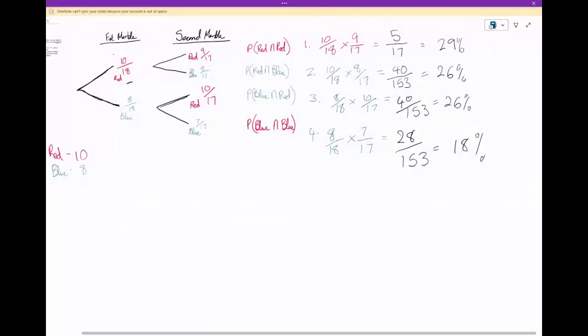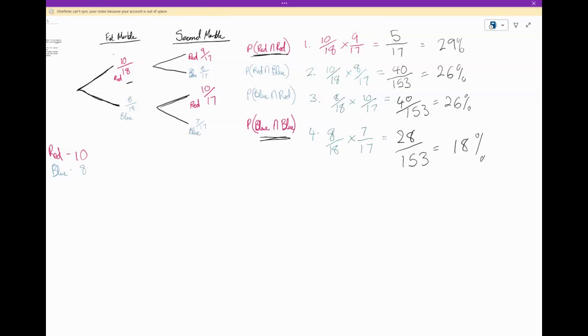Which outcomes have the same colors? The first and the last one. Yes, it's blue and blue. Sorry, I just wrote it in red. But it is blue and blue.